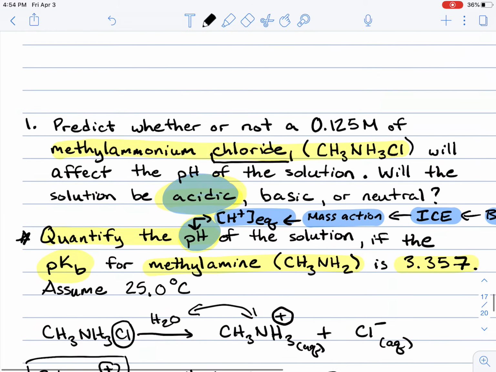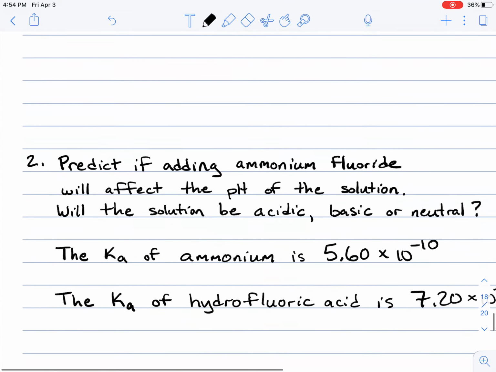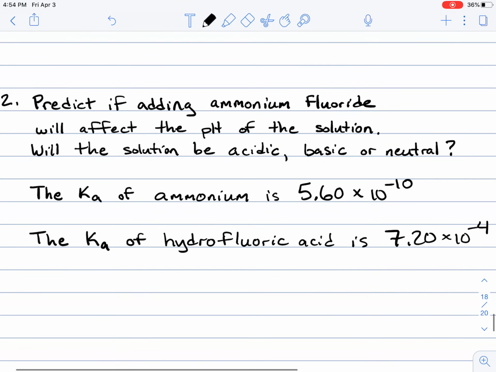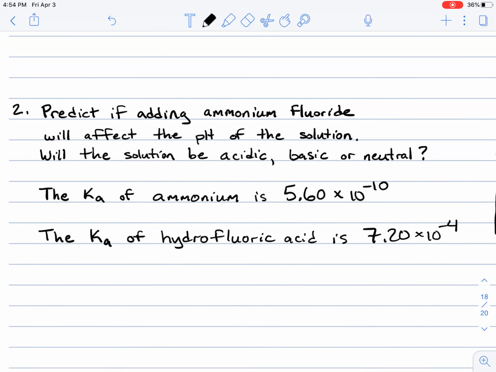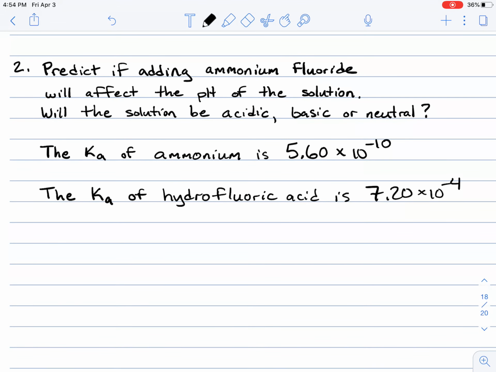All right, and so we're going to go ahead and work through a couple more problems. However, it's going to reflect a specific rule that we have not yet covered for predicting whether or not an ion of an ionic compound is going to affect the pH of the solution.